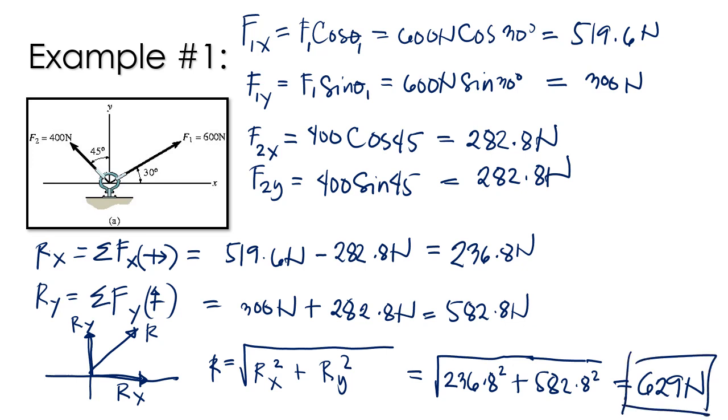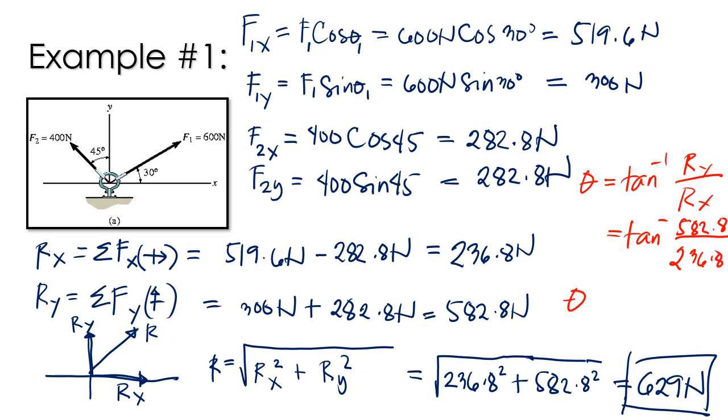Then for the angle, theta is equal to arctan of Ry over Rx. So our Ry is equal to 582.8 and our Rx is equal to 236.8.